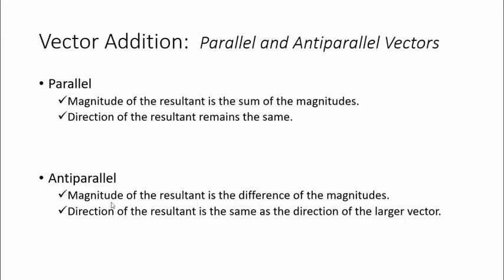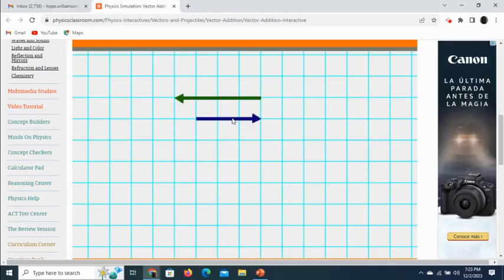For antiparallel vectors, we subtract the magnitudes of the vectors to get the magnitude of the resultant. And then to decide on the direction of the resultant, it would be the same as the direction of the larger vector. If we have vectors 3 units and 4 units now, but in opposite directions, our resultant is no longer 7.